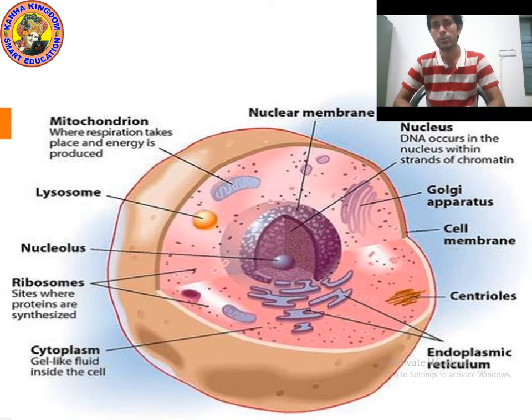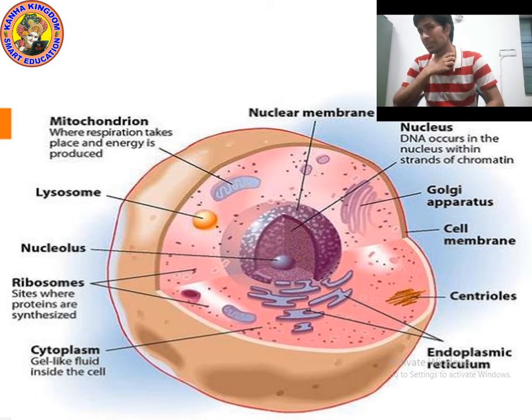Ribosome is the part where protein synthesis occurs, the preparation of protein. You can see the picture of the nucleolus or nucleus. Lysosome, can you see the lysosome, the orange ball?